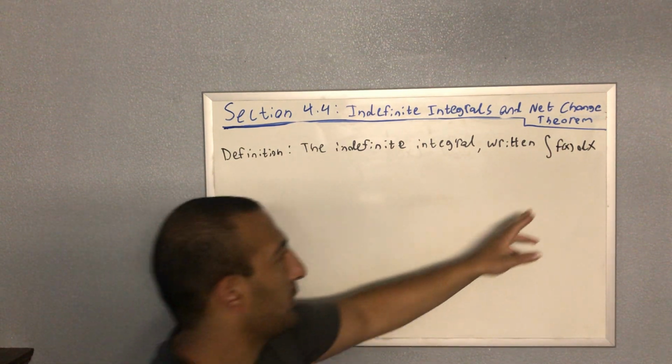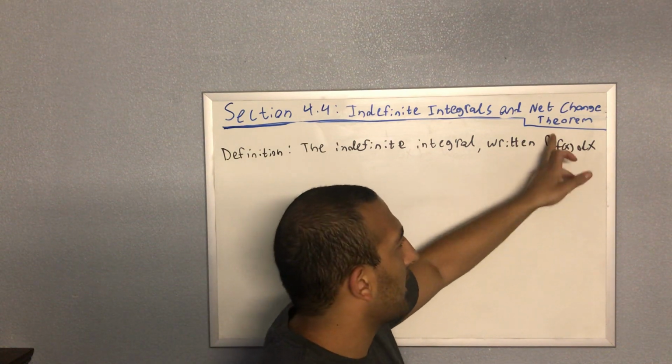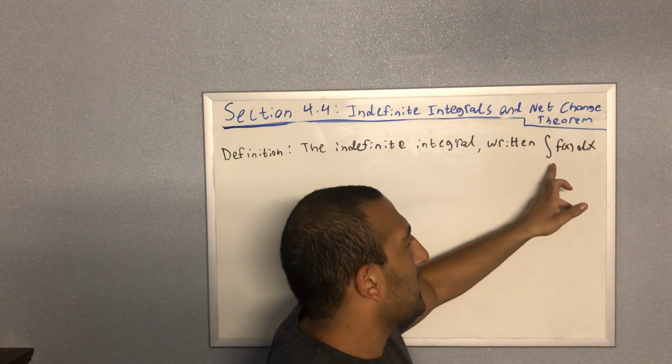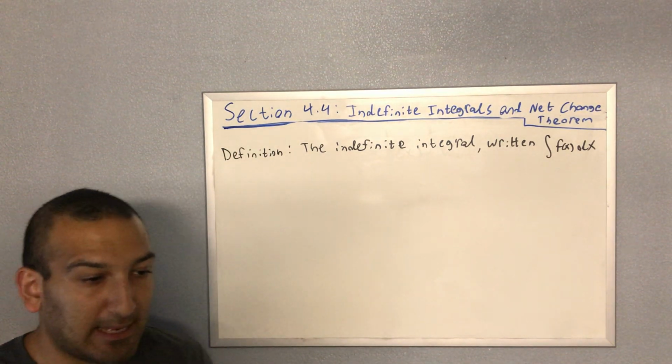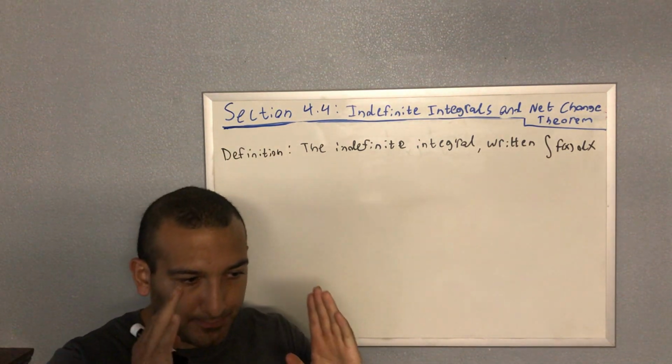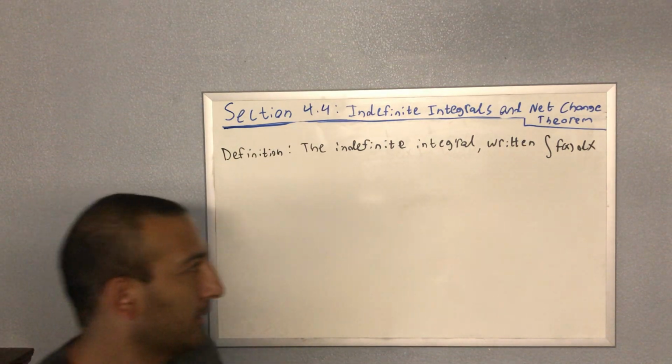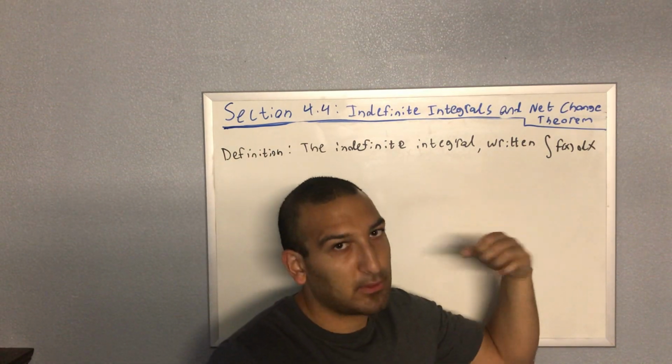Notice normally we would put an a and a b here, right? If we have an indefinite integral, we do not write that. A definite integral has a definite interval in which you're finding the area. An indefinite integral does not have that.